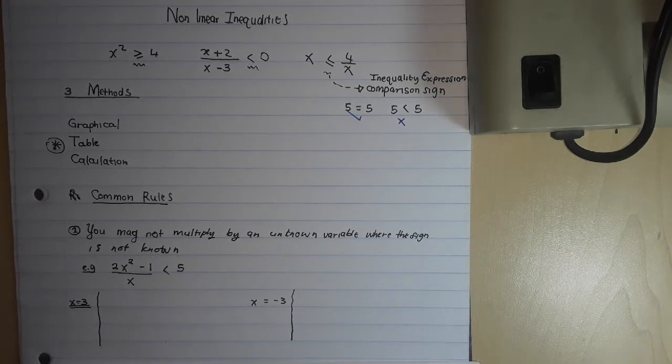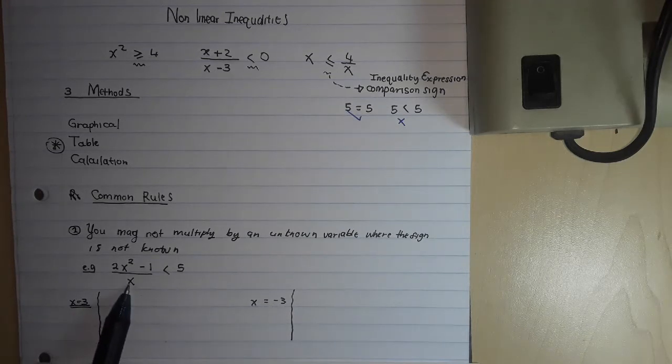So here we are doing a quick example, just inputting a value of 3 in this expression, and then we'll also put in a value of -3 as x.